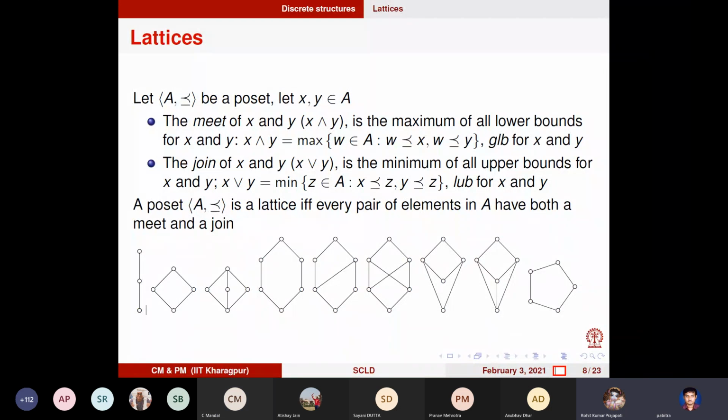Maybe the sixth one is a lattice. No, it is not a lattice. It holds, but that should go for any two points. It doesn't hold. See the top two, on the second level from the top. For these two you have to go down and come up.